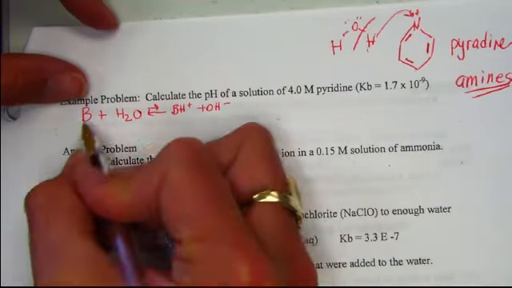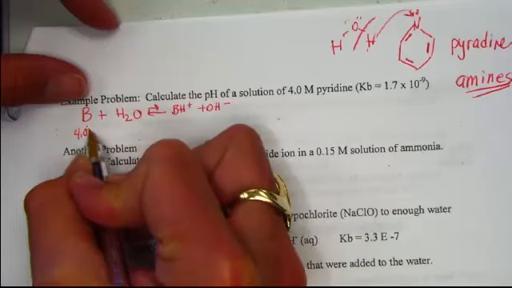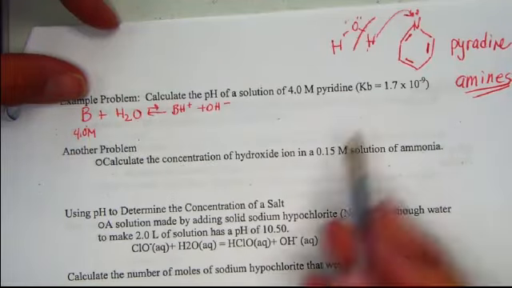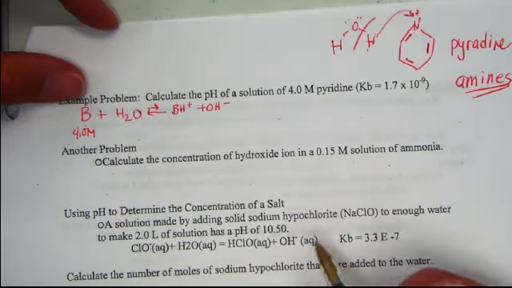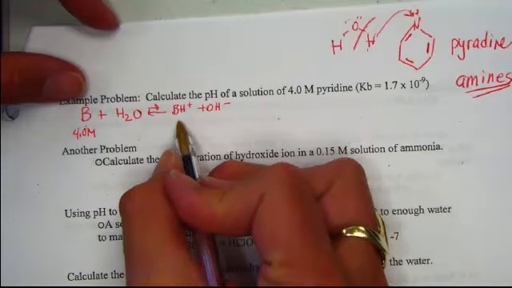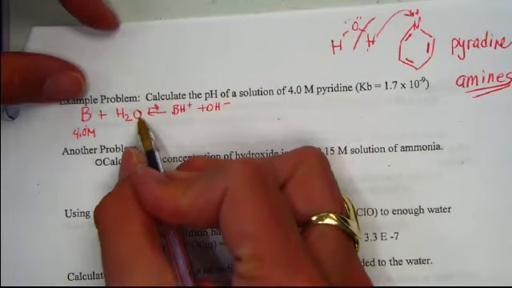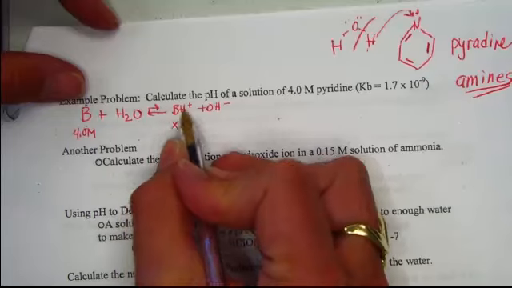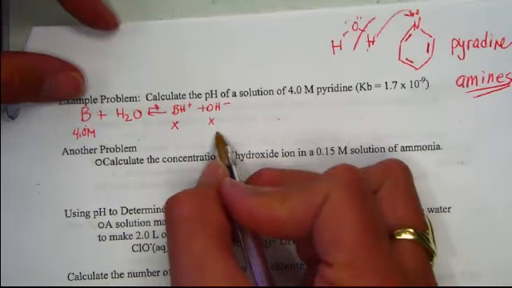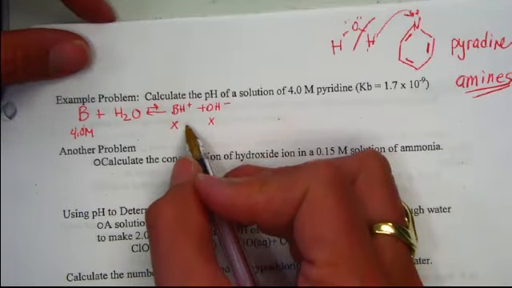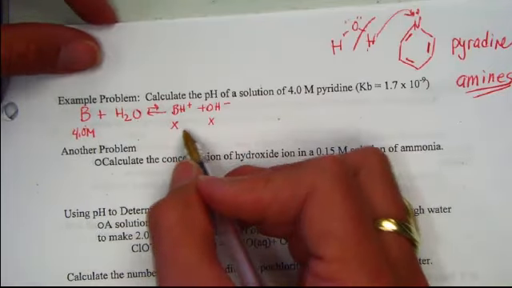We're given a 4.0 molar pyridine solution and the Kb of niacin. Niacin is listed as 1.7 times 10 to the negative ninth. Water, of course, drops out of our equilibrium expression. Let's let the value of X stand for the base ion hydroxide and the conjugate acid BH positive.